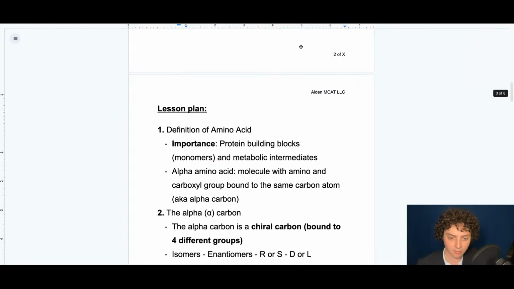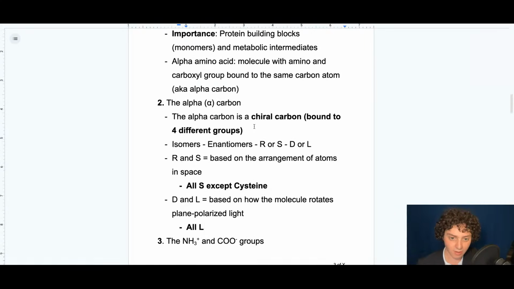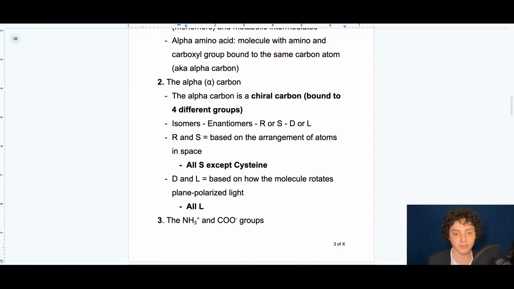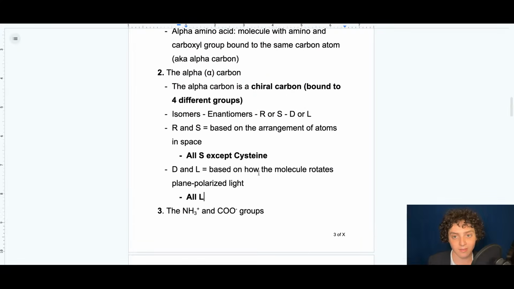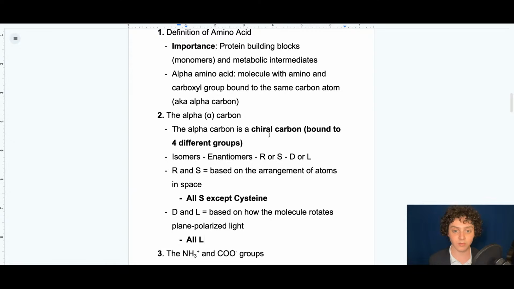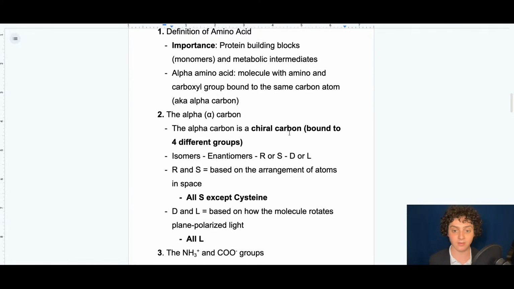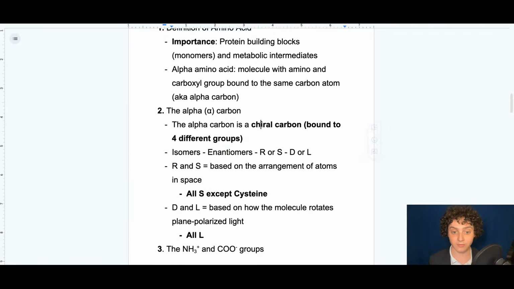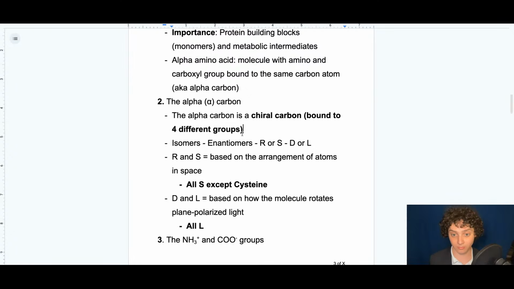So that covers the alpha carbon. The alpha carbon of the amino acid, again, is the carbon that connects that carboxyl group and the amino group. And it has this really important property in that it is chiral, which means it is bound to 4 different chemical groups.